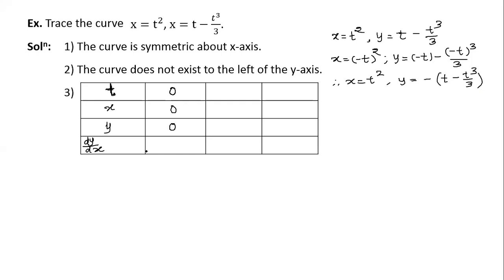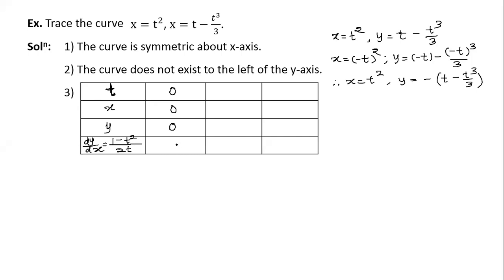And definitely we'll be curious to see what is the nature of the tangent at the origin. And for that, let us find dy by dx. dy by dx is equal to dy by dt upon dx by dt. So dy by dt is 1 minus 3 t square by 3, 1 minus t square. And dx by dt is 2t.